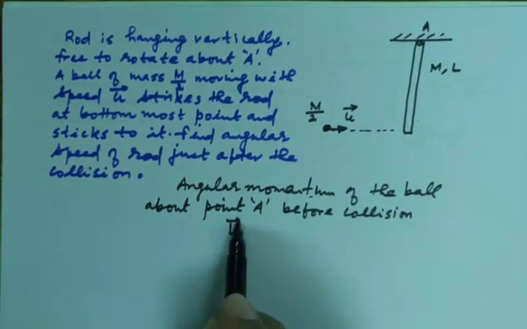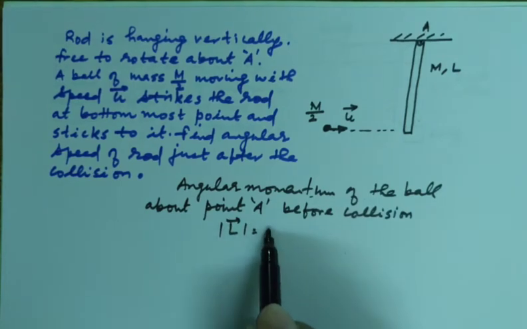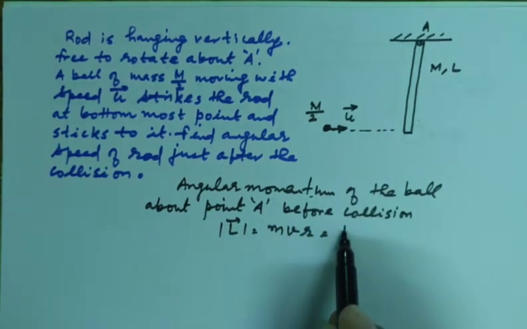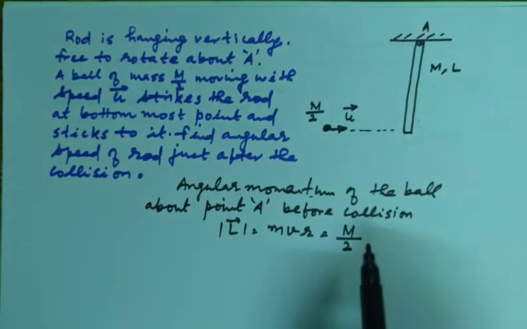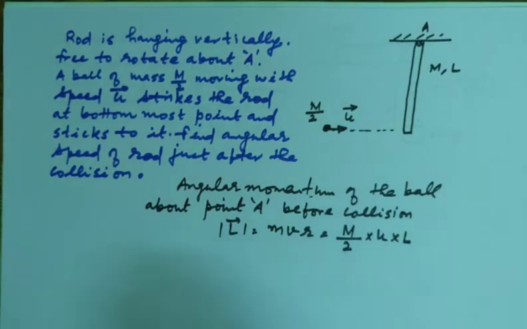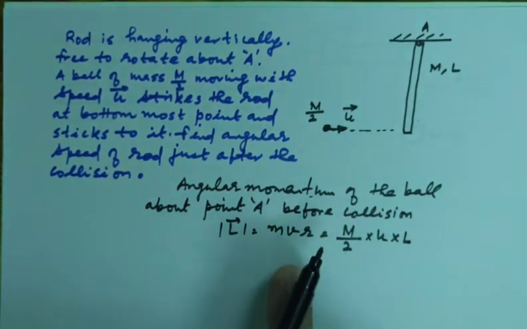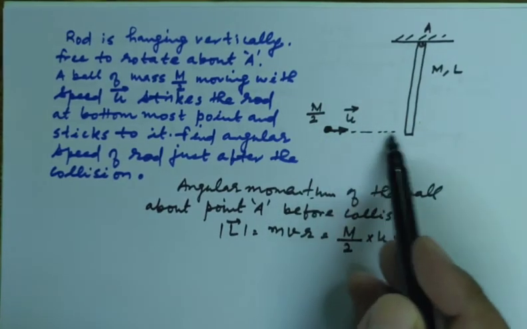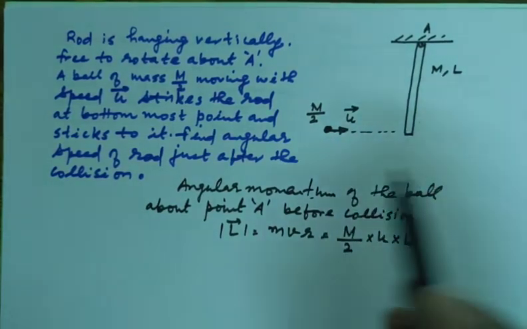So this angular momentum would be, we know that it is mvr, so here it would be m by 2 into u into L. This is the angular momentum of the ball about point A before collision.